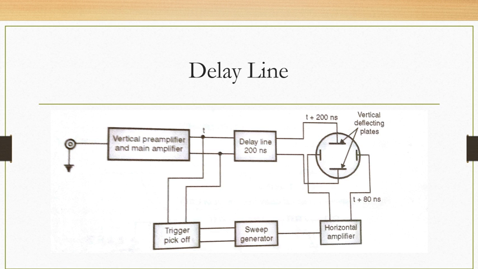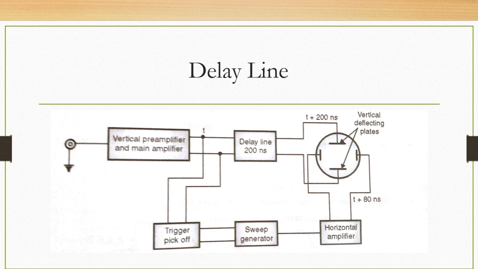Synchronization is nothing but connecting the vertical and horizontal signals at the same time. That is why we use this sweep generator. But due to this circuitry there is a delay, so we have to add a delay line. We discussed that the delay is 80 nanoseconds, but considering all other delays and for better operation, generally a 200 nanosecond delay line is applied.